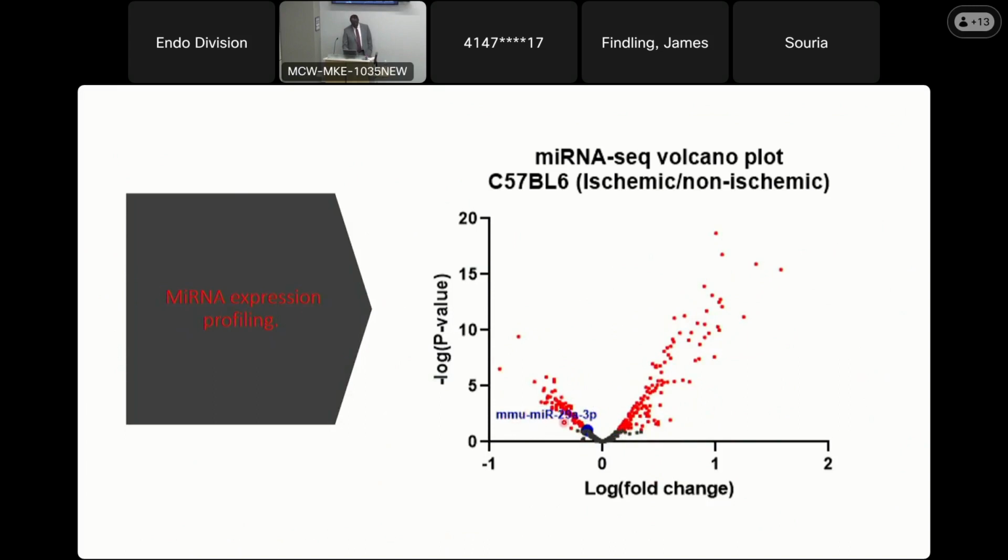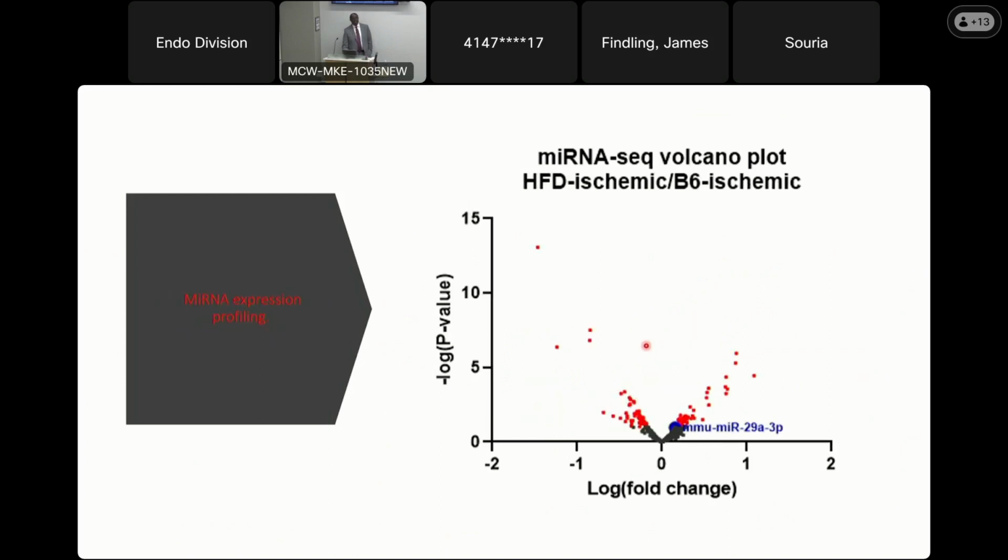When you do the same microRNA profiling, looking at mice of the same strain, but ischemic tissue from a mouse that has been put on a high-fat diet, you see that the microRNA whose expression was lower in ischemic tissue is now higher compared to the non-diabetic animal.